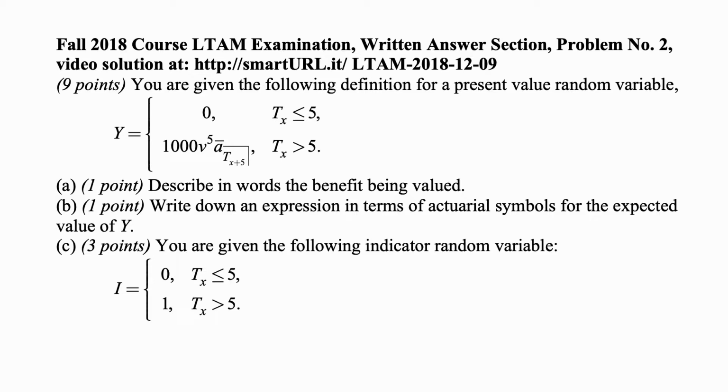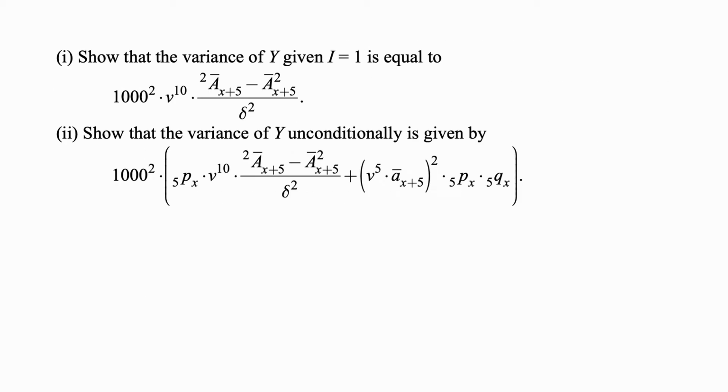B, write down an expression in terms of actuarial symbols for the expected value of Y. C, you are given the following indicator variable. I is equal to 0 if Tx is less than or equal to 5, and 1 if Tx is more than 5. Show that the variance of Y given that I is equal to 1 is equal to 1000 squared times v to the 10th times (2 a-bar x+5 minus a-bar x+5 squared) divided by delta squared.